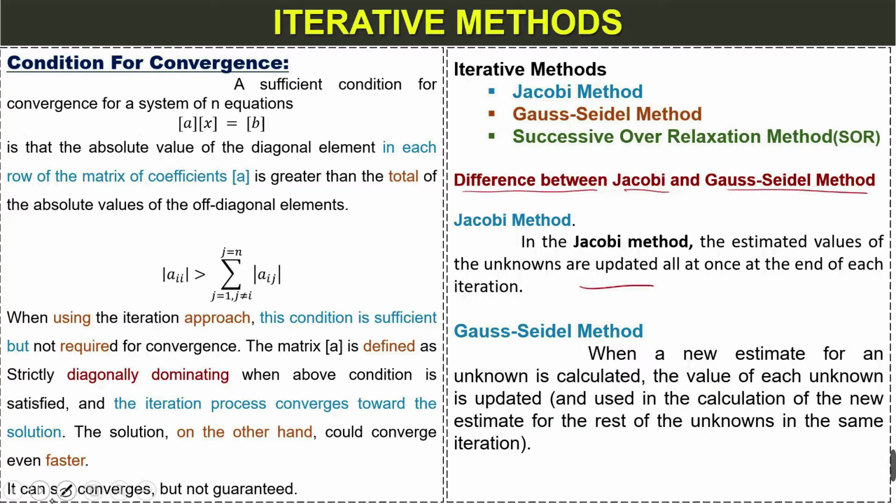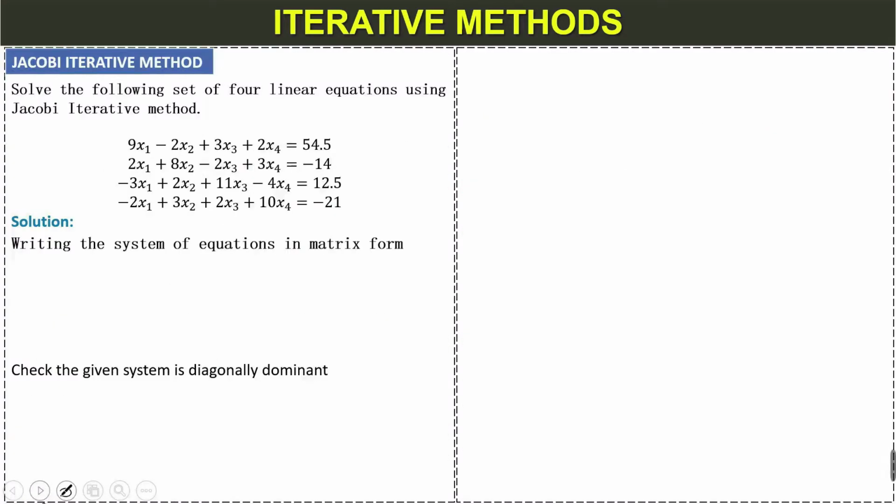Let's start to solve an example using the Jacobi iterative method. Solve the following set of four linear equations using the Jacobi iterative method. So we have four linear equations, and our first step is to write the system of linear equations in matrix form.